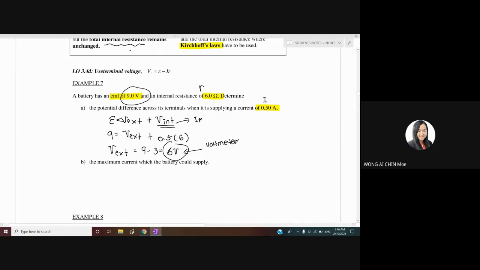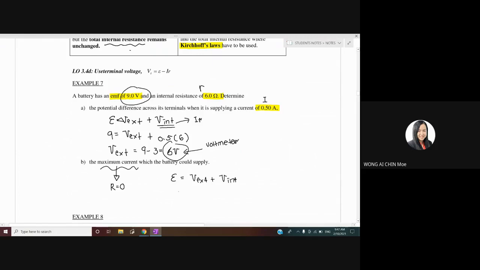So, the maximum current which the battery could supply. Remember, if you want to get a maximum current, your R external must equal 0. So our EMF equals V external plus V internal.